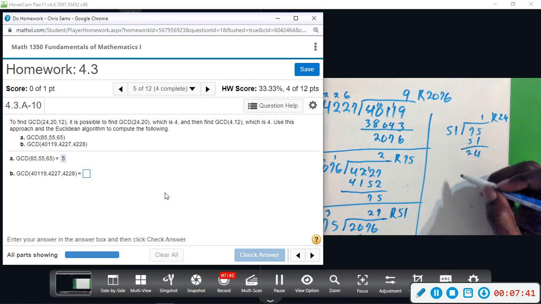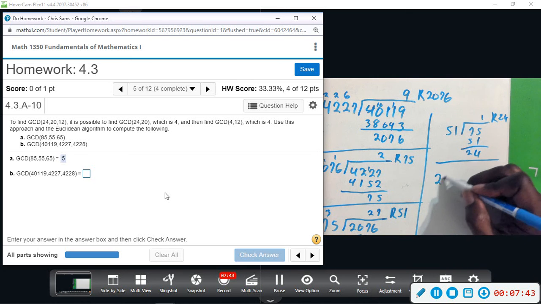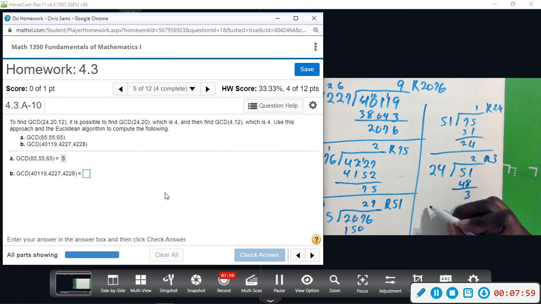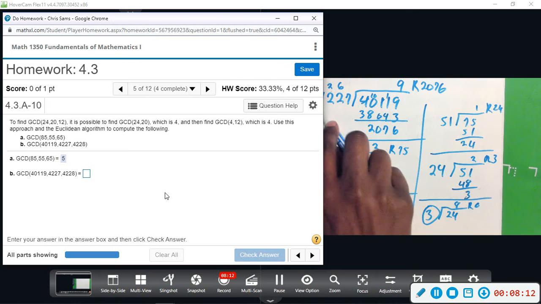So 24 and 51 now. 24 goes into 51 twice, giving us 48. Subtracting, leaving us with 3. Remainder of 3. Alright, and we're going to say 3 and 24 now. 3 goes into 24 8 times evenly, remainder 0. So 3 is the common divisor between these numbers.